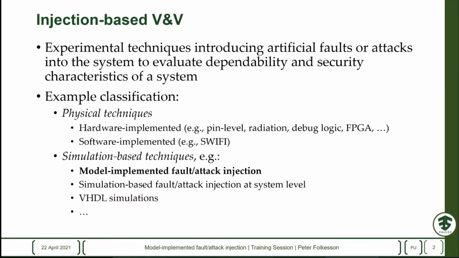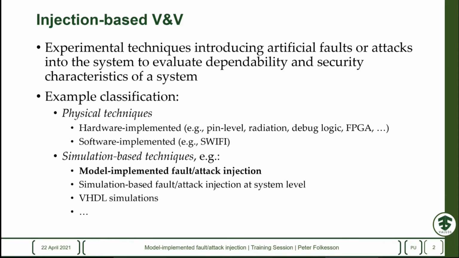So first, a little bit about injection-based verification and validation. These are, in contrast to the analytical techniques, experimental techniques that work by introducing artificial faults or attacks into the system. And they do that in order to evaluate dependability or security characteristics of a system.